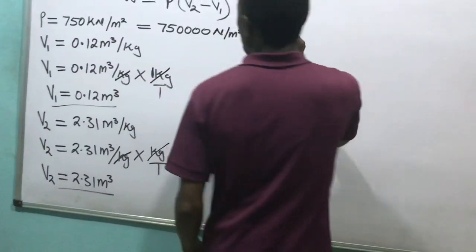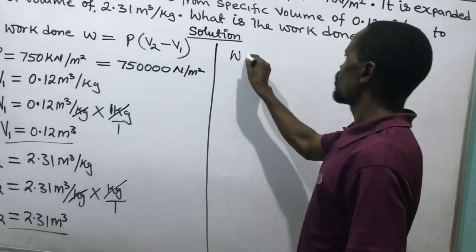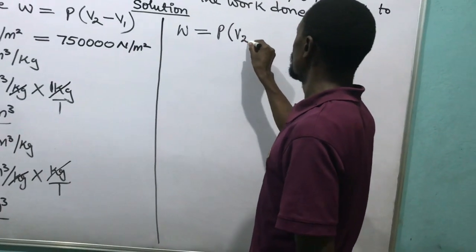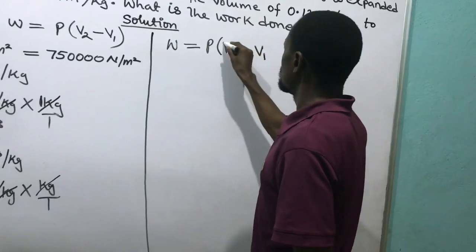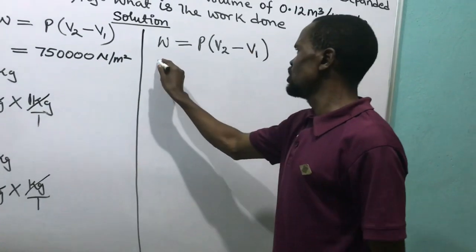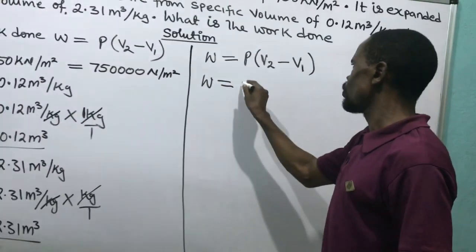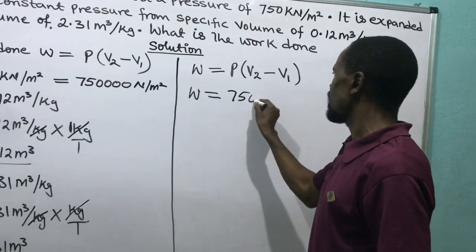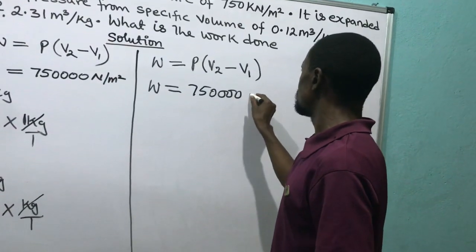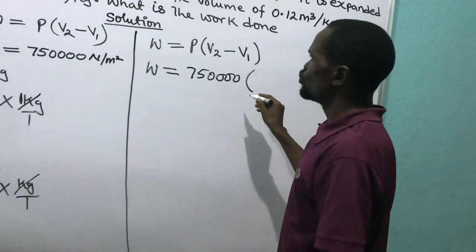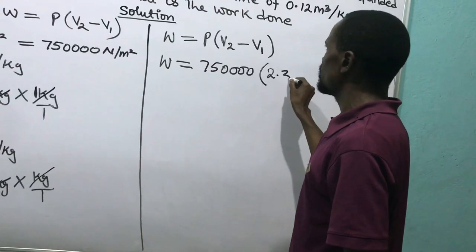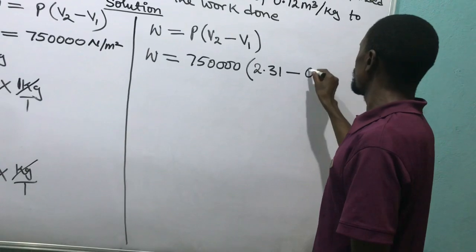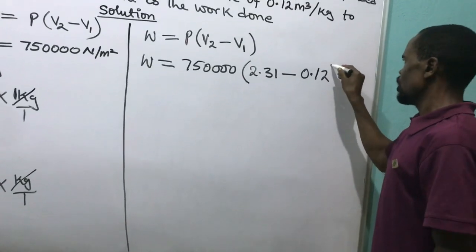Then I'm going to look at the work done. Work equals P times (V2 minus V1). Substituting the values, I have W equals 750,000 times (2.31 minus 0.12) in brackets.